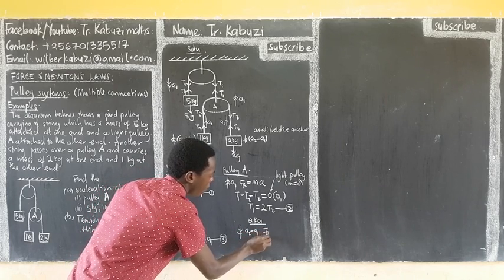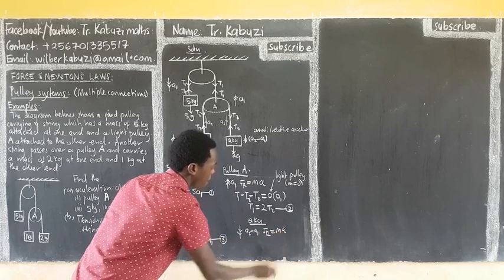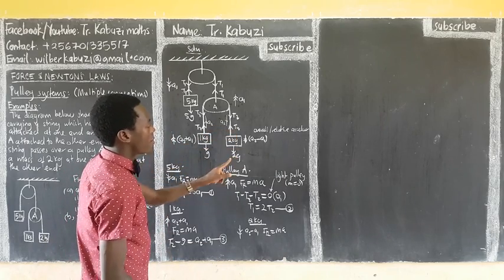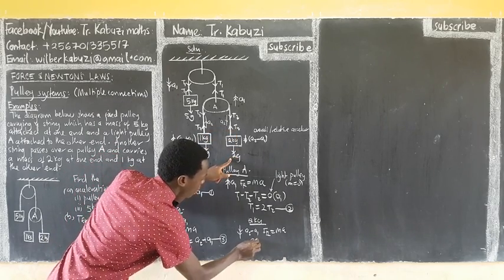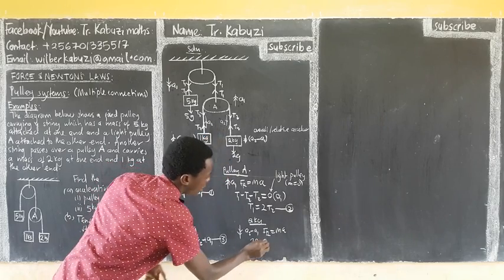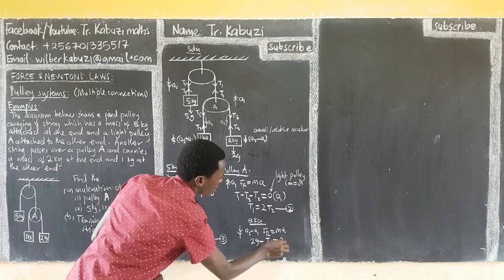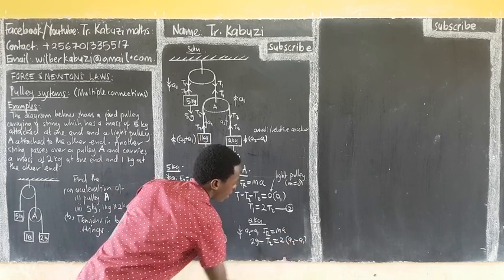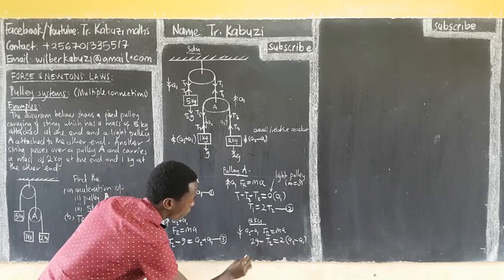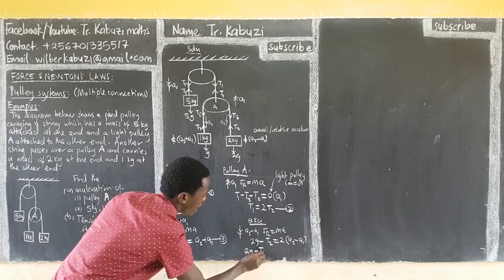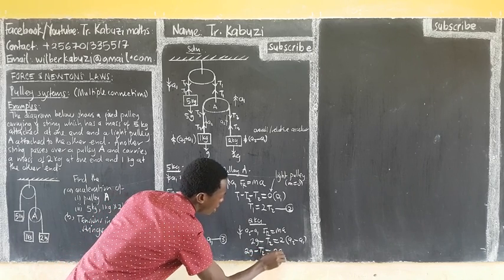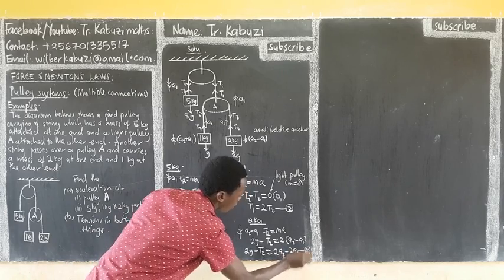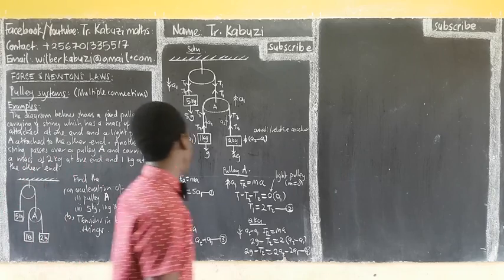So from resultant force equaling to MA, pulling it down is going to be 2g minus T2 equaling to the mass 2 into the acceleration a2 minus a1, which when we simplify, we get 2g minus 2T2 equaling to 2a2 minus 2a1, and we call this equation 4. The rest is just solving.